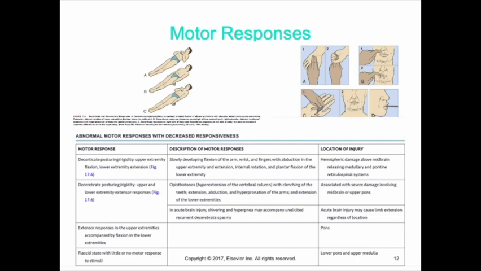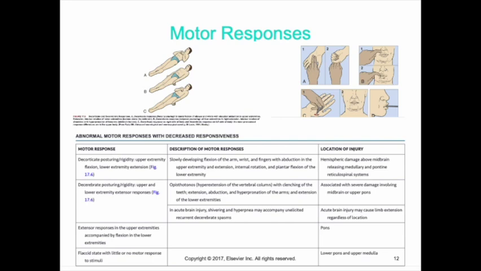And this is associated with damage to the midbrain or upper pons. In acute brain injury, you might even have shivering and hyperpnea, and this can accompany unsolicited, recurrent decerebrate spasms. This tells you that there's some type of acute brain injury causing the limb extension regardless of where the disease process or damage is located.